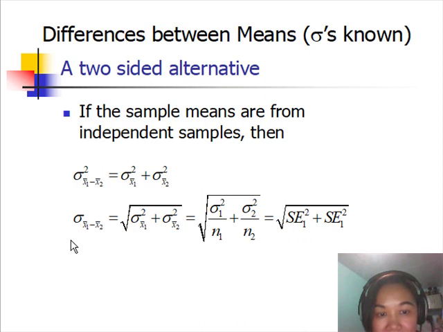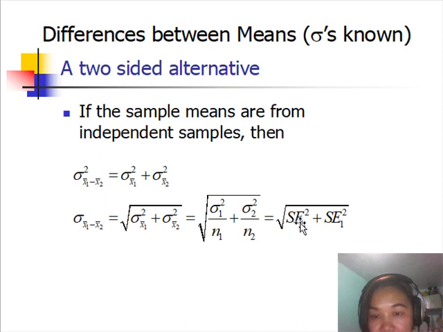And its standard deviation is simply the square root of that sum. This is equivalent to sigma squared sub 1 over n sub 1, which is basically the population variance of the first group over its sample size. This refers to the population variance of the sampling distribution. Sigma squared sub 2 is the population variance of your second group, over its sample size.